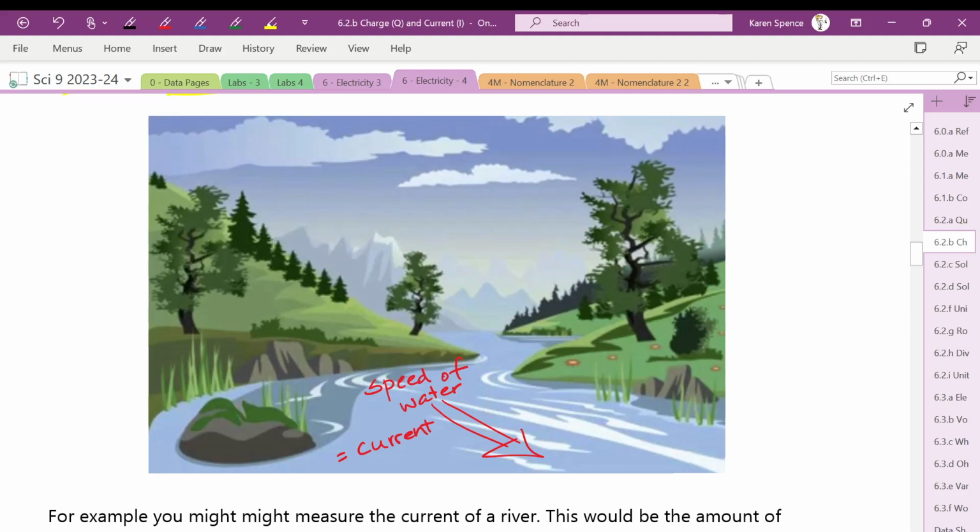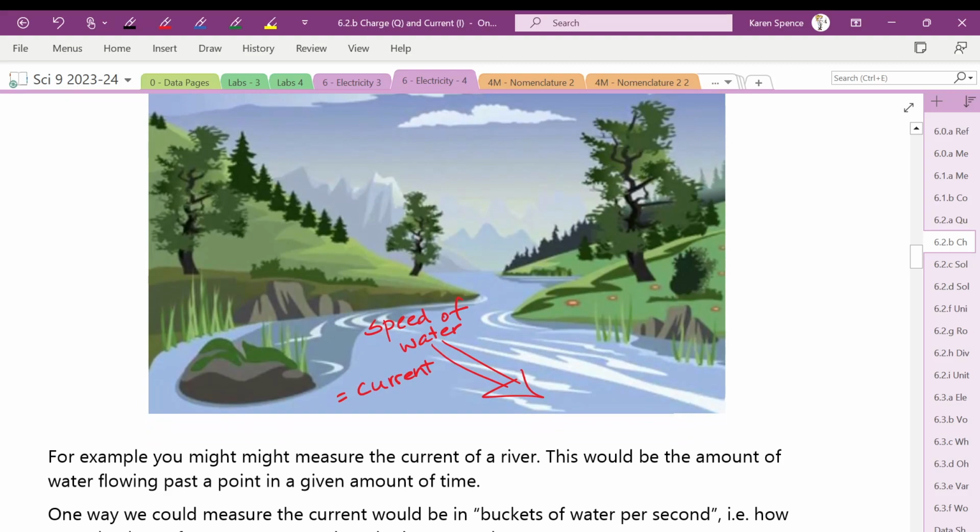How fast is it flowing? I actually think this would be a pretty tricky thing to do. You'd have to be pretty clever about it, but we're going to simplify things because we're in grade 9, right? One way we could measure the current would be in buckets of water per second. How many buckets of water pass a point in 1 second? That would be the current.